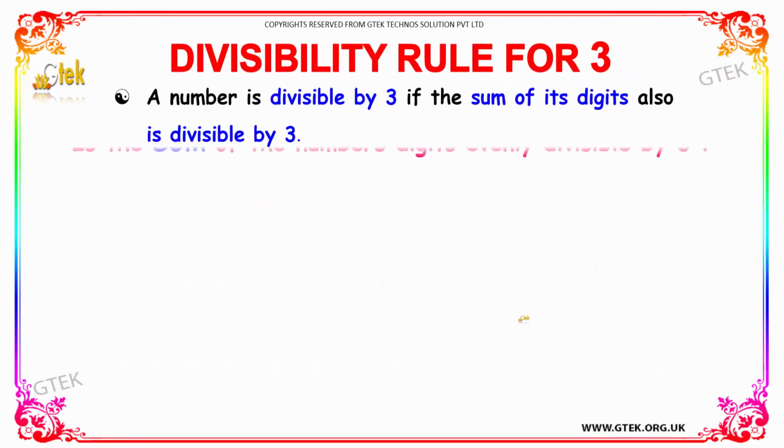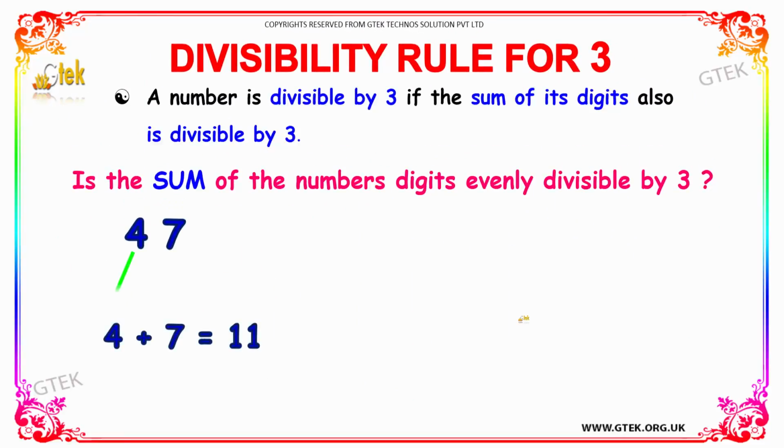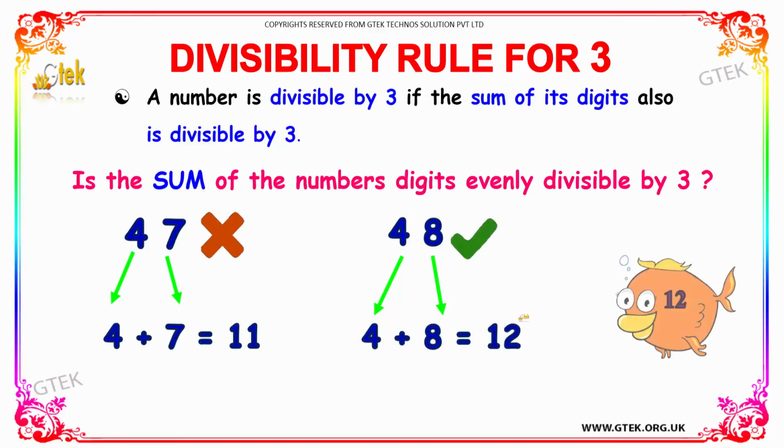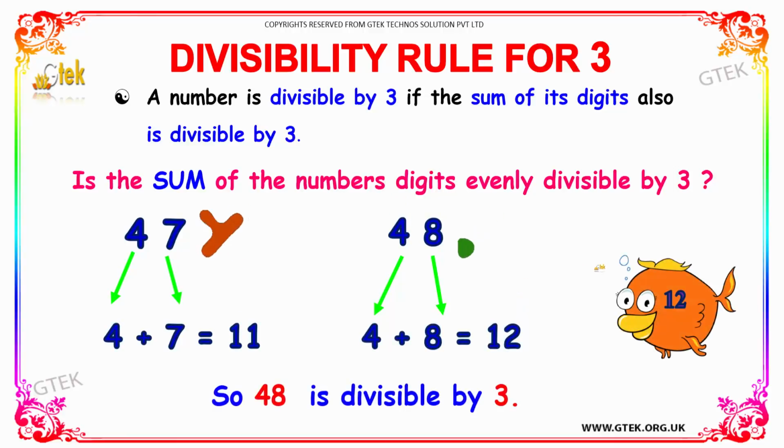Next we are going to see the divisibility rule for 3. A number is said to be divisible by 3 if the sum of its digits is also divisible by 3. If the sum of the digits is evenly divisible by 3, then the number is divisible by 3.